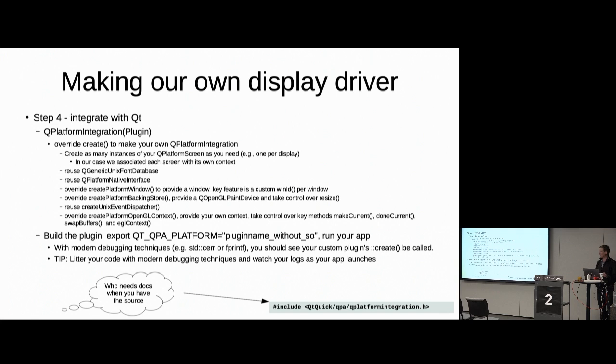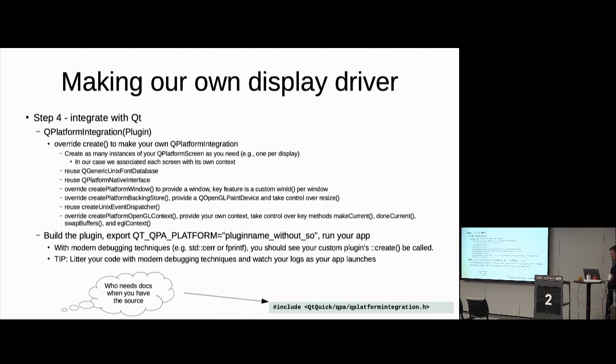So what we did is we built a QPA platform integration plugin. We overrode create to make our own platform integration. We made as many QPlatformScreen instances as we had frame buffers, as we had displays, too. We reused some parts of the internals of this platform integration framework, like the generic Unix font database, the native interface. We overrode a platform window, create backing store.